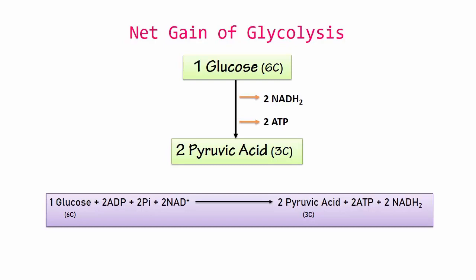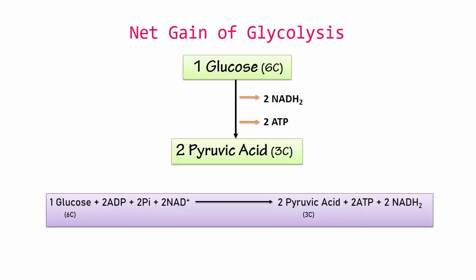Now come to the overall summary of glycolysis. Now we will see what the net gain of glycolysis is. In the pathway of glycolysis, one glucose molecule is broken down stepwise through 10 reactions, and then we get two molecules of pyruvate. Now let's discuss the net reaction of glycolysis.